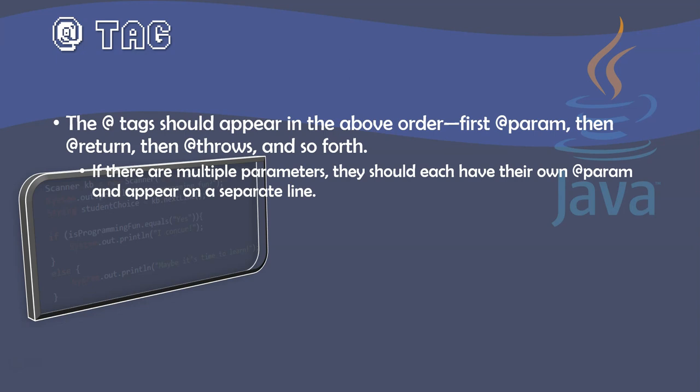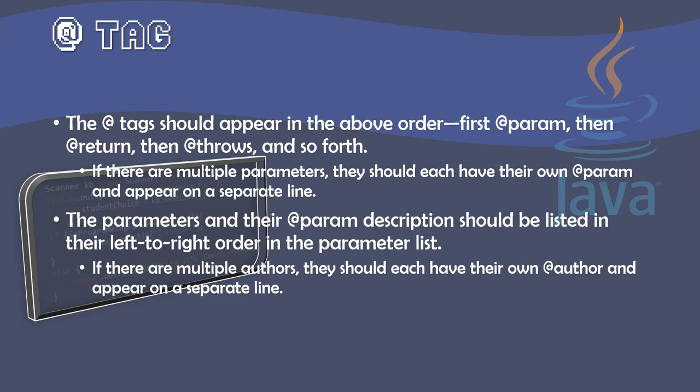That means I need to have 3 @params, each having its own description that matches. The parameters and their @param descriptions should be listed in their left to right order in your parameter list. So if I have string value1, string value2, string value3 as parameters, then I have to make sure my @params match that same exact order.